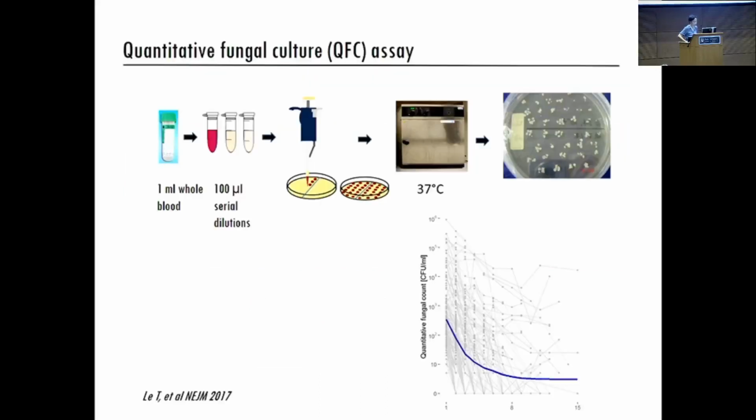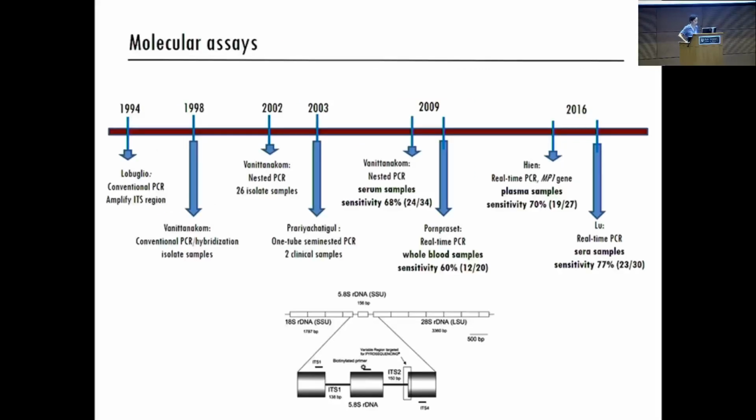We've developed several novel assays, and one of them is a very simple quantitative fungal count. This is basically just serial dilutions directly from patient blood, plotted as tiny dots on the plate and put in an incubator, and you're able to count the colony forming units and actually quantify the fungal load in patient blood. Later on, I'll show you how important that is.